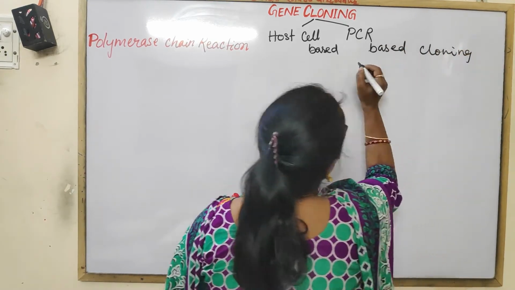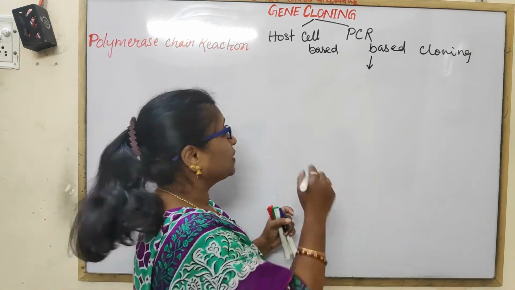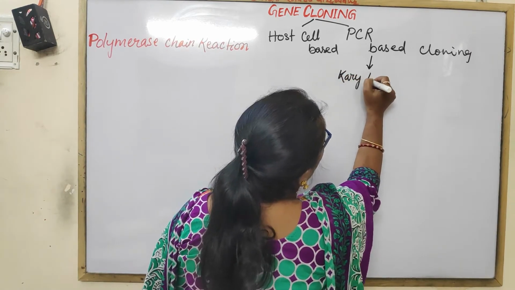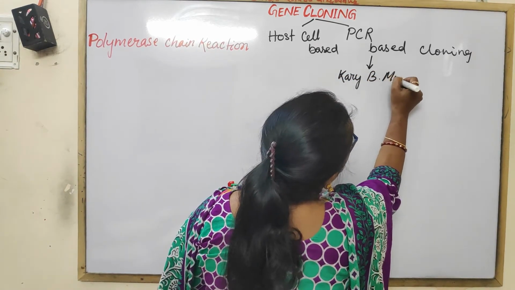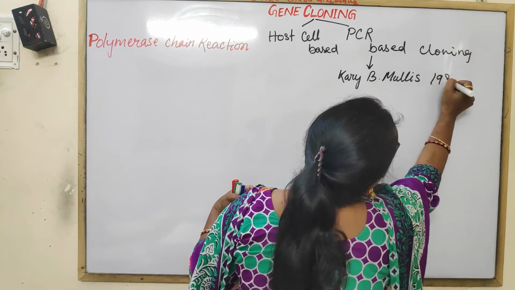The polymerase chain reaction based cloning technique was discovered by Kary B. Mullis in the year 1983.